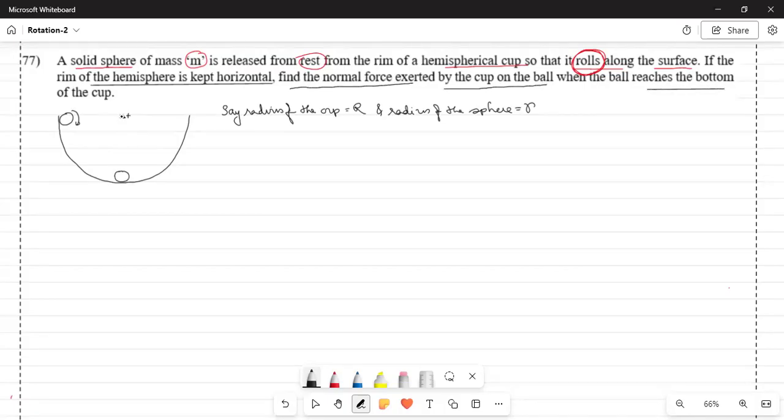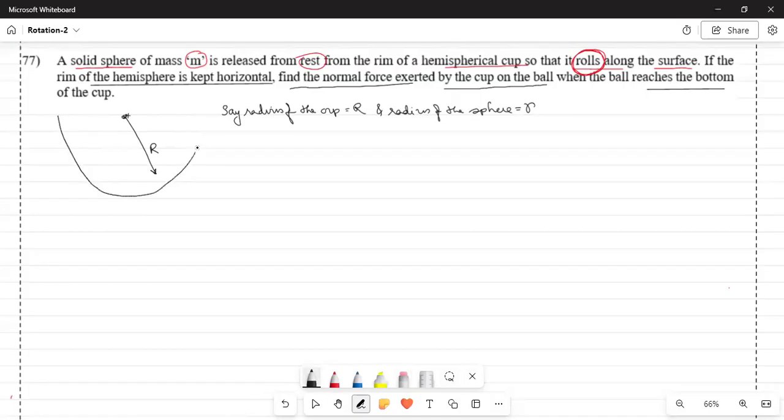So when the ball reaches the bottom of the cup, the radius of the cup is capital R, and this small ball, let me do one thing, let me make this ball a little larger. Then it will be clear.